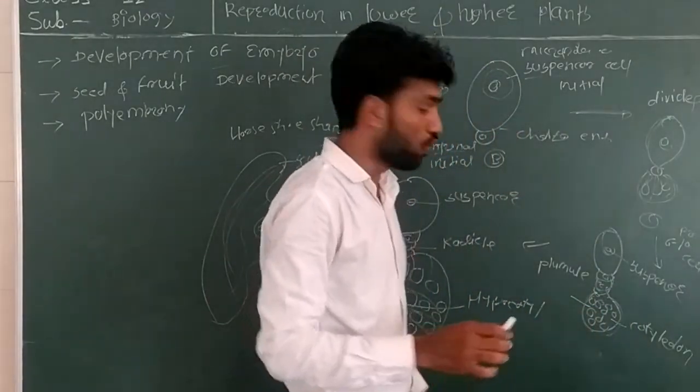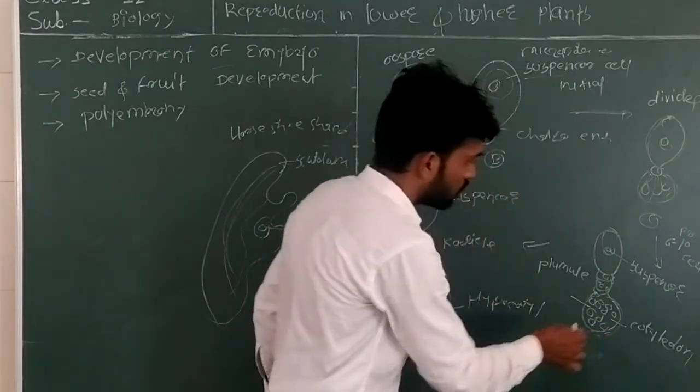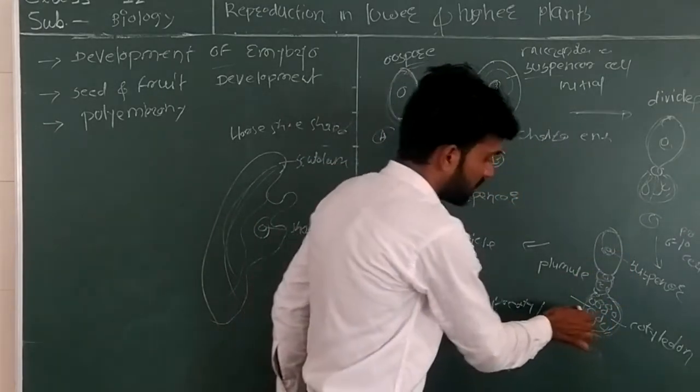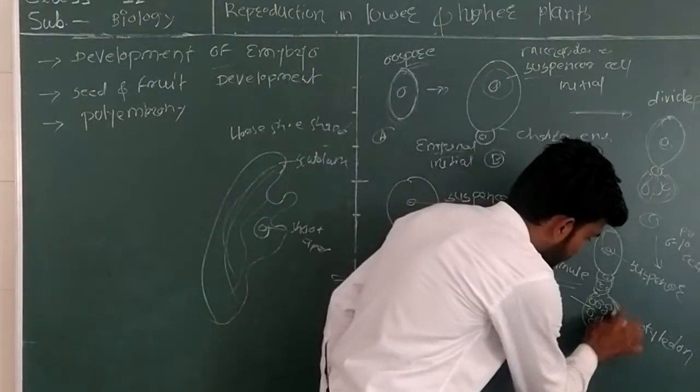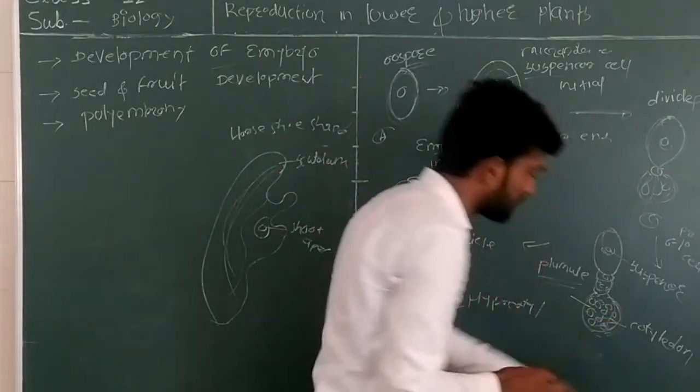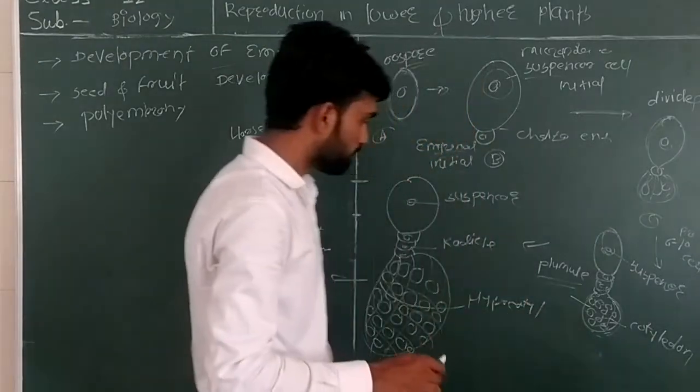These are divided into 6 to 10 cells. This small part is called the plumule, and the other part is the cotyledon.